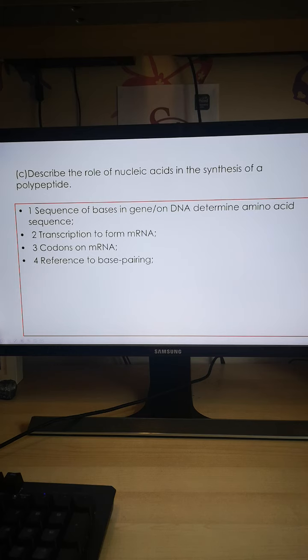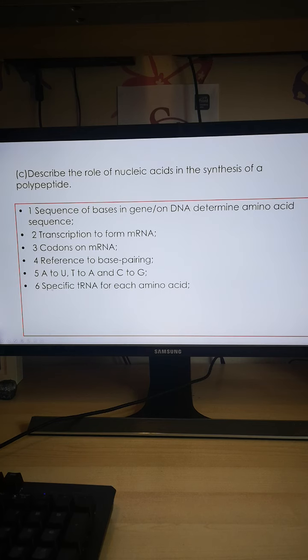Then you would have some sort of reference to base pairing, as it could be how that transcription happens, so how that transcript forms. On this mark scheme given in terms of letters, but on the new mark schemes you would have to have the full names of the bases.